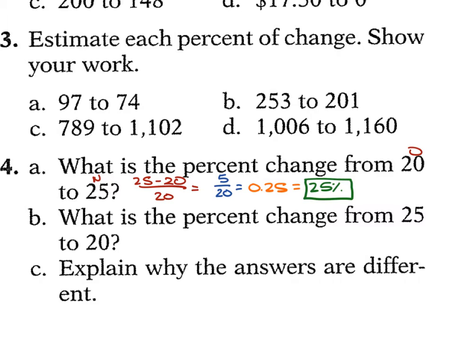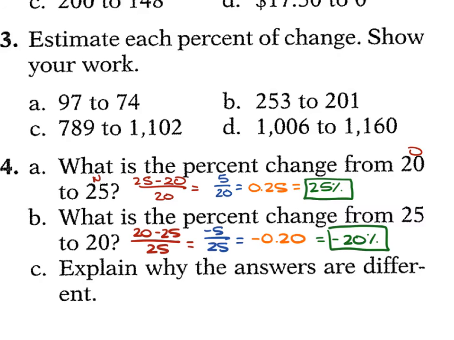For B, it says, what is the percent change from 25 to 20? So that's going to be 20 minus 25 over 25. So that's negative 5 over 25, which is negative 1/5. So that's negative 0.20. We move the decimal point, and that's negative 20%.